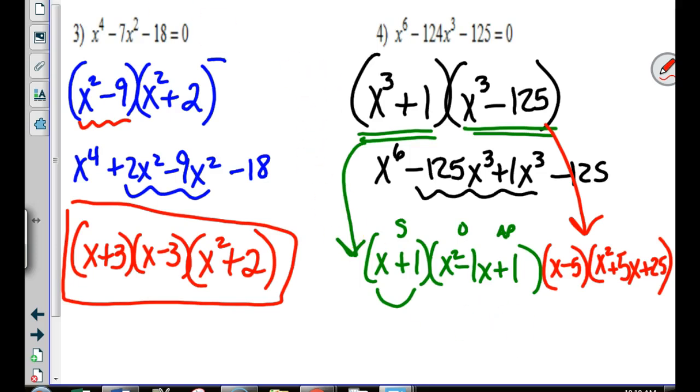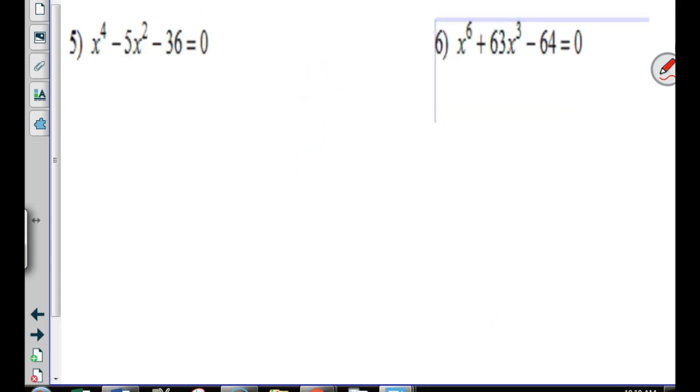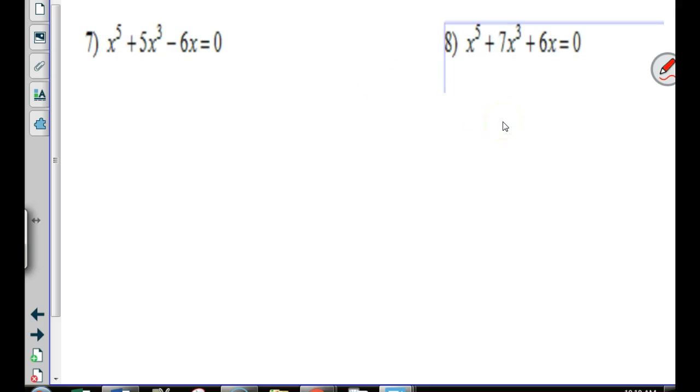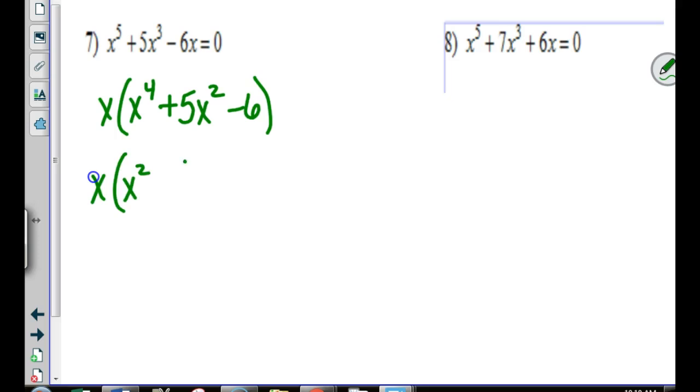Okay, guys, give me 10 seconds because 7 is really easy. What is the trick on 7? What can we do first? Always, yes. If we take out an x, we'll have an x to the 4th plus 5x squared minus 6. Anybody know how that will factor?